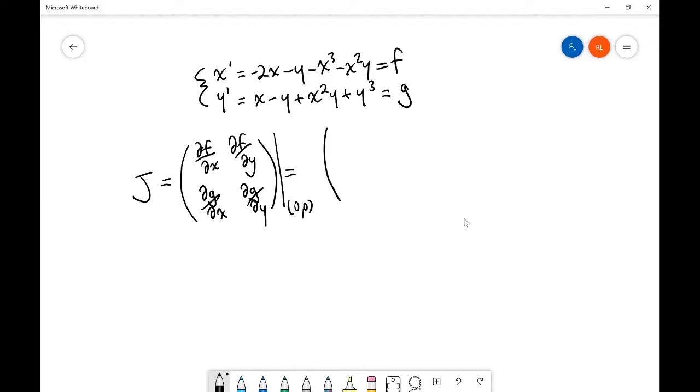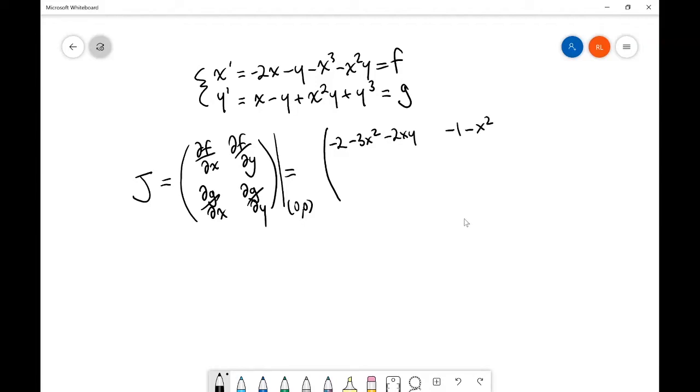So let's see here. If we take the partial with respect to x of x prime, we get minus 2, minus 3x squared, minus 2xy. Okay, df/dy is going to be minus 1, minus x squared.